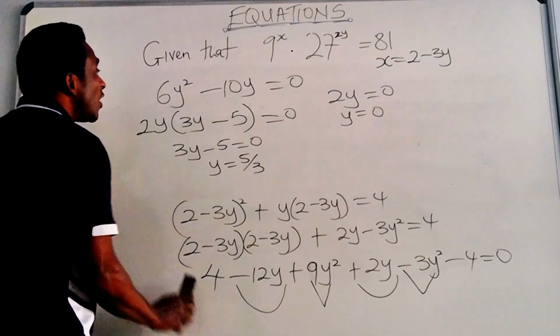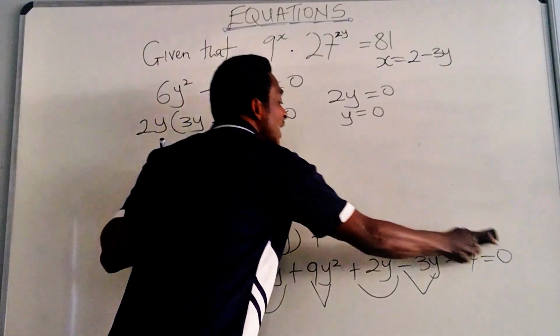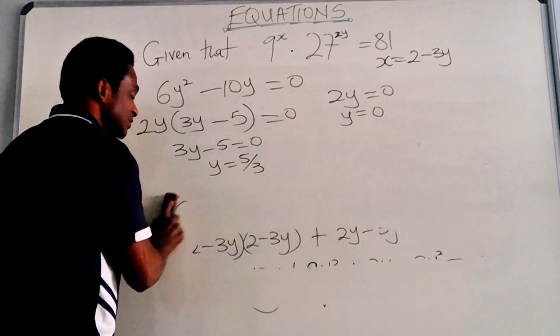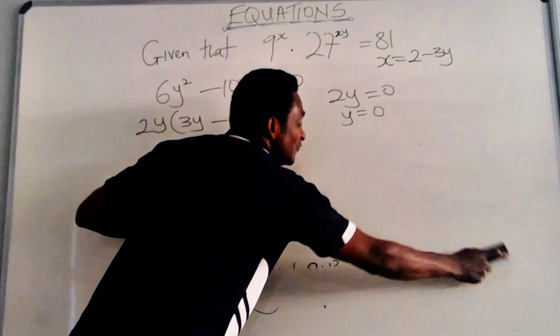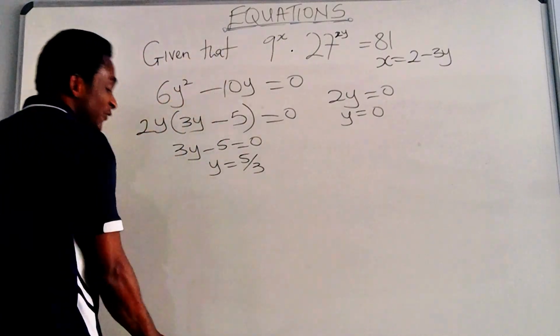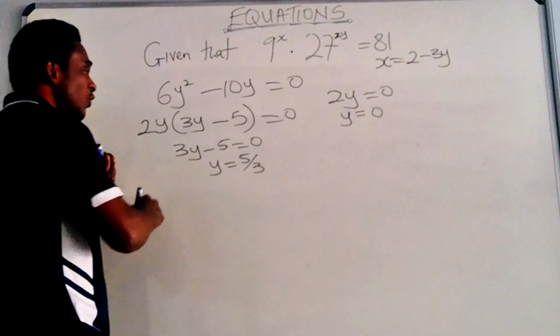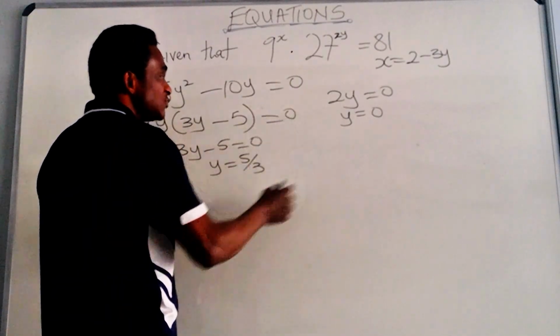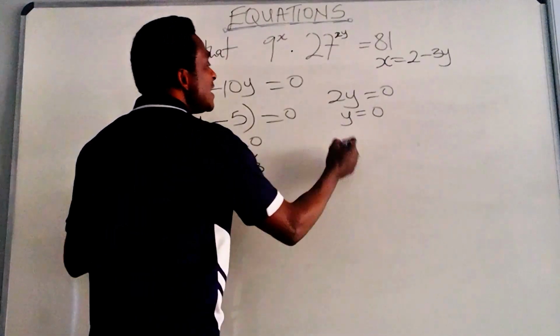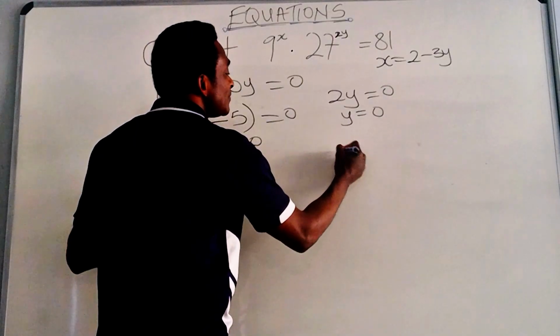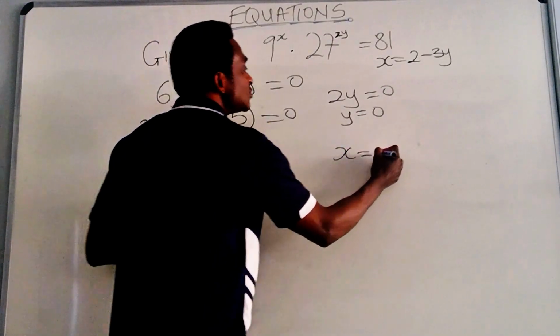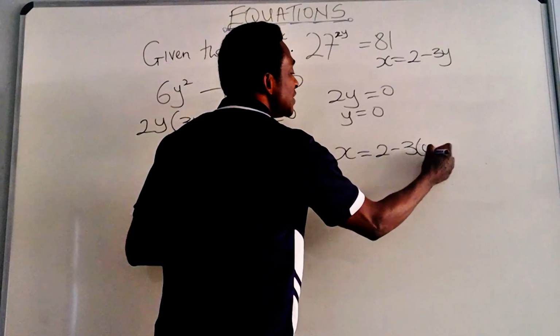Remember, we are solving for x and y. And the degree of the expression that we see from our equation 2 is squared, so we now solve for the two values of x also. When y equals 0, x will be equal to 2 minus 3 times 0.